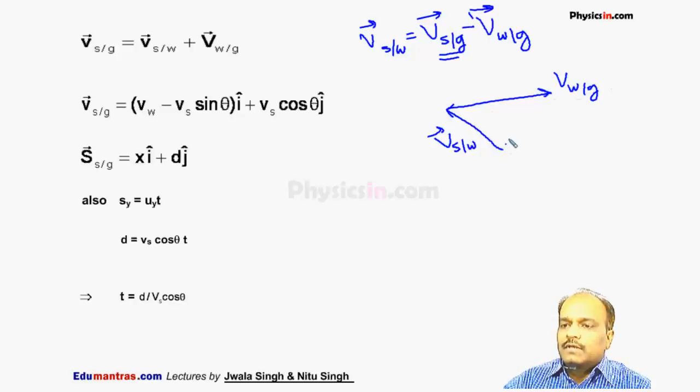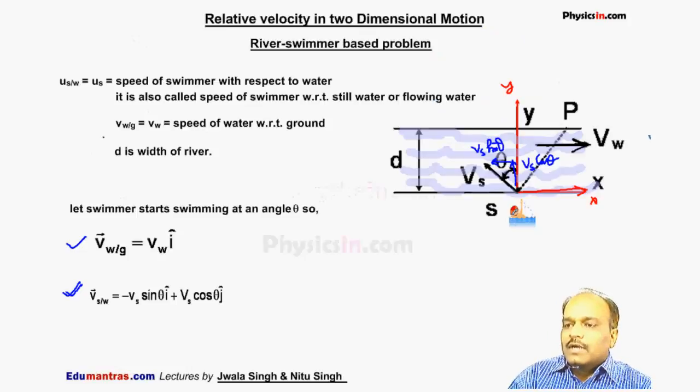This is the velocity of the swimmer with respect to ground by the triangle law of addition of vectors. So the swimmer is actually moving with respect to ground in this direction, along this dotted line. The sum of these two vectors is this vector, the velocity of swimmer with respect to ground. If I ask the swimmer in which direction he is moving, he will say, I am going in this direction.